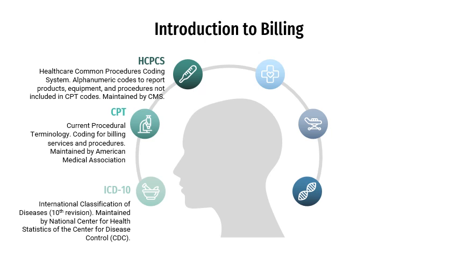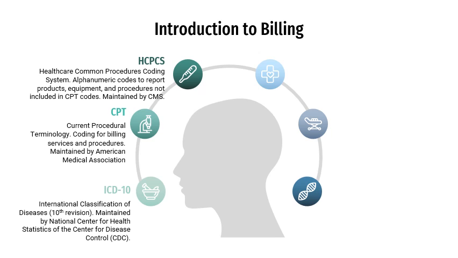The next definition to talk about is HCPCS, which stands for Healthcare Common Procedures Coding System. And just like the CPT codes, HCPCS are broken down into 2 levels, level 1 and level 2.